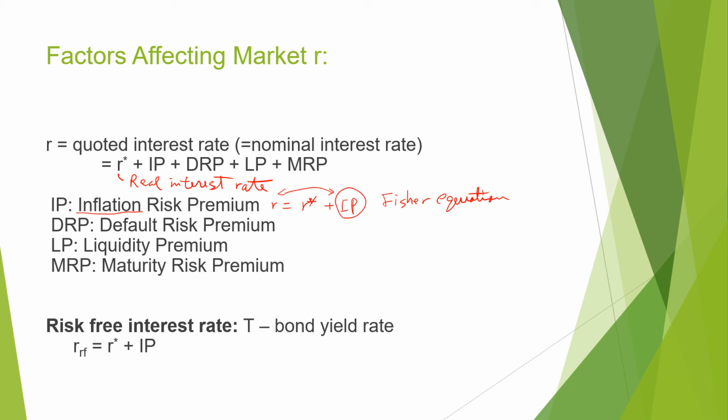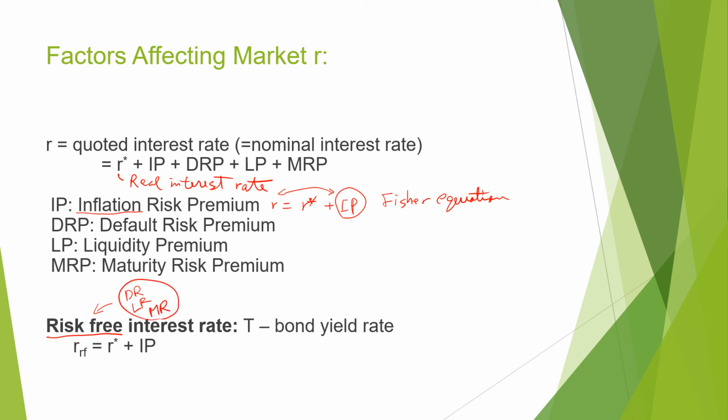Now, when we say risk-free interest rate, usually we talk about the T-bond yield rate or T-bill yield rate. Risk-free means there is no default risk, liquidity risk, or maturity risk.